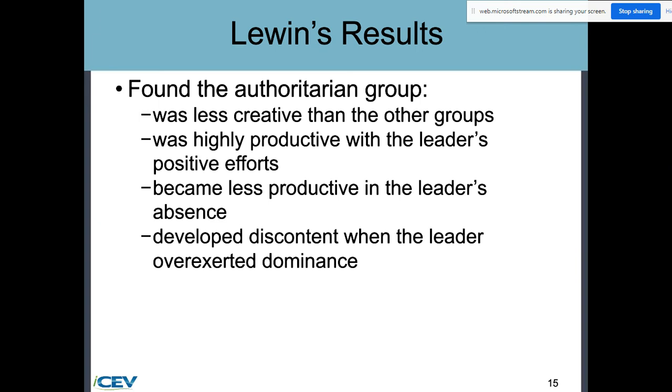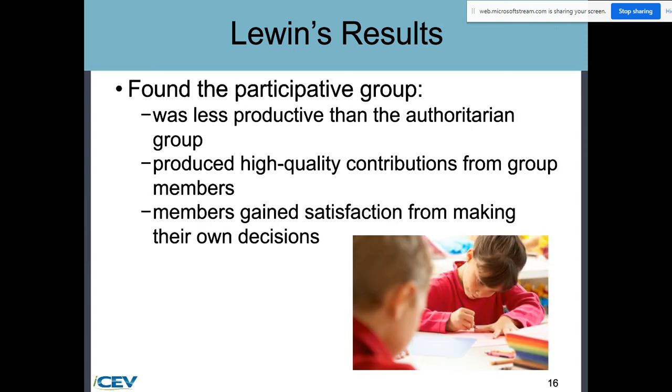So Lewin's results found the authoritarian group was less creative than the other groups, which is probably pretty accurate. Highly productive with the leader's positive efforts. It became less productive in the leader's absence. It developed discontent when the leader overexerted dominance.